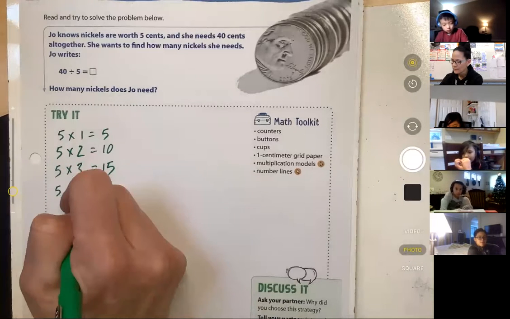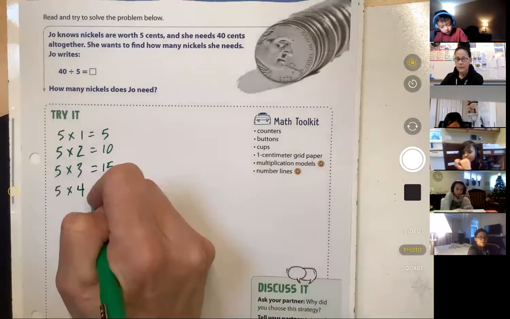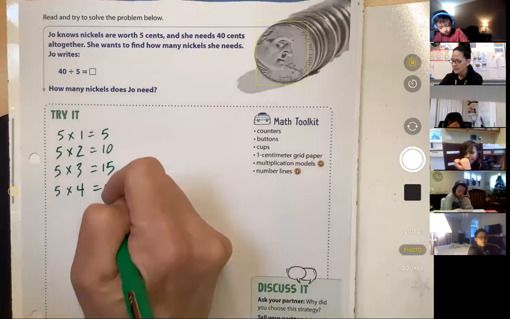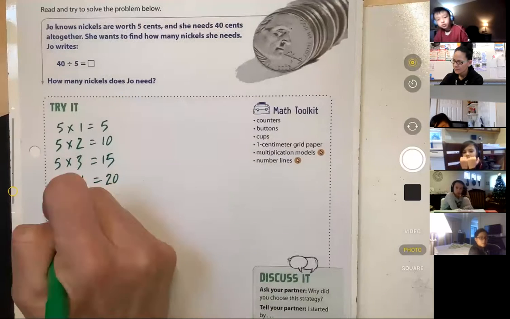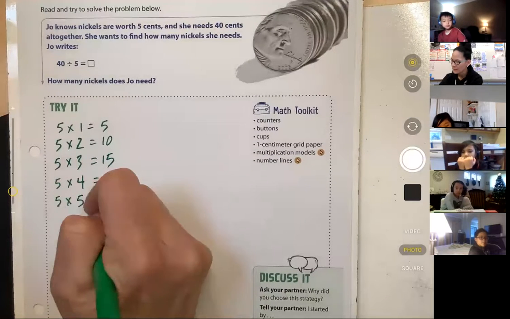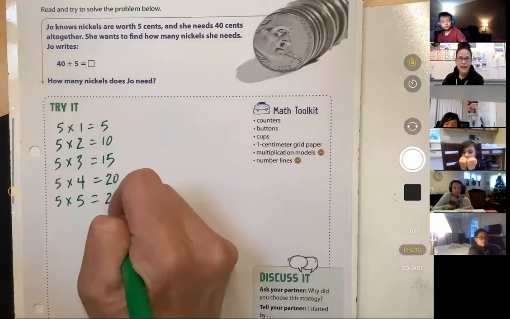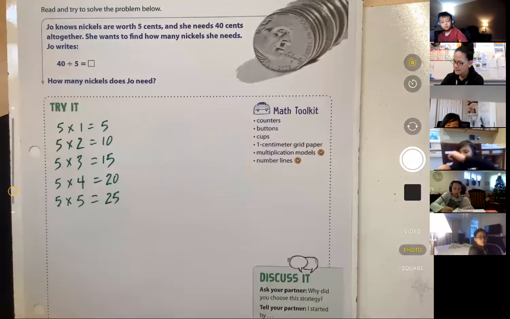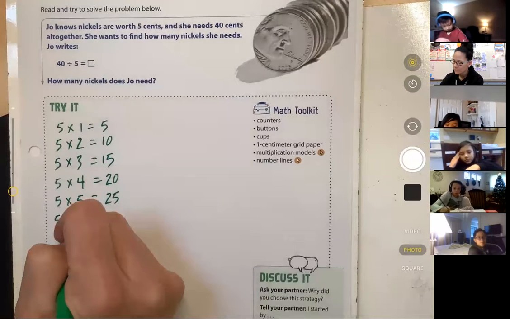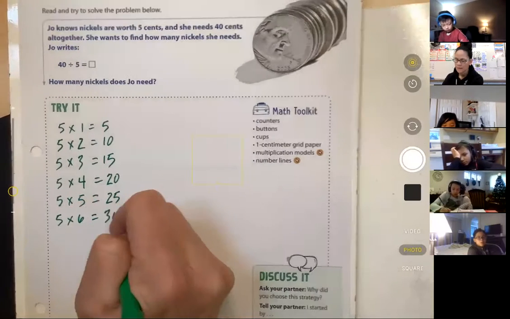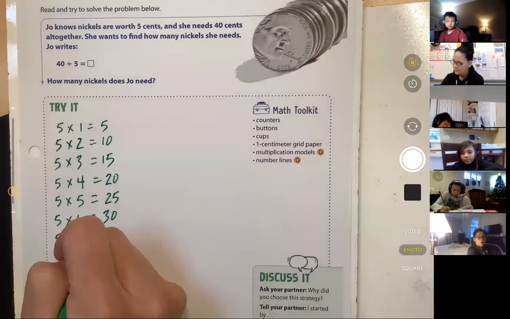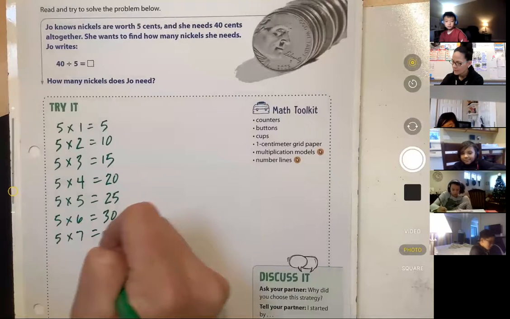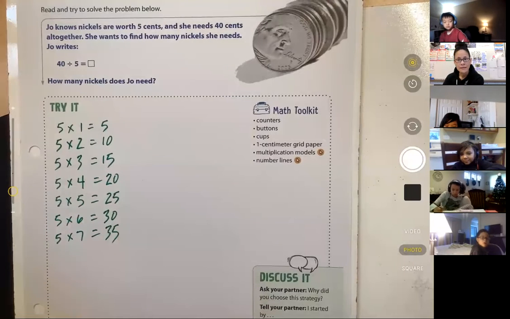1 nickel 4 times is going to be 20 cents. And we just keep on going. 5 nickels is 25 cents. 6 nickels is 30 cents. 7 nickels is 35 cents.